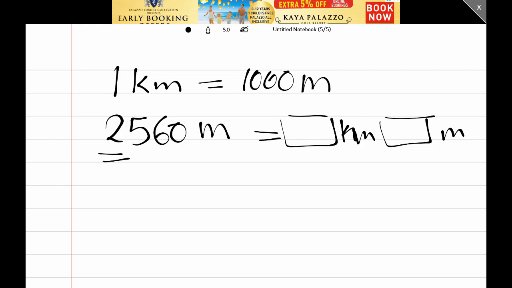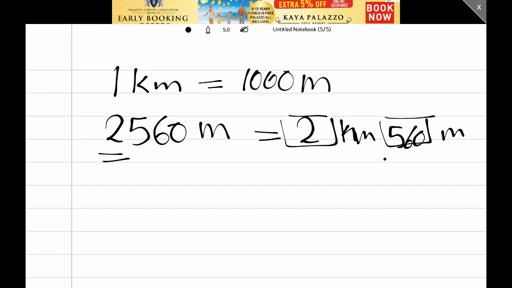So how many kilometers do we have? We have 2. And the rest are meters. 560 are meters, because 560 is less than 1000, so all of them are not 1 kilometer yet. That's why it is still meters. So we have 2 kilometers, 560 meters. Okay?